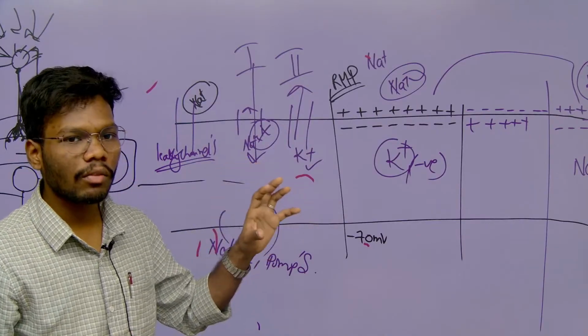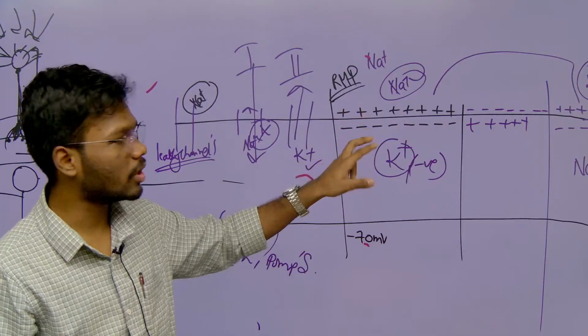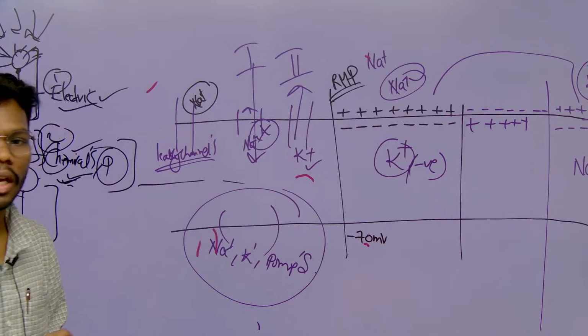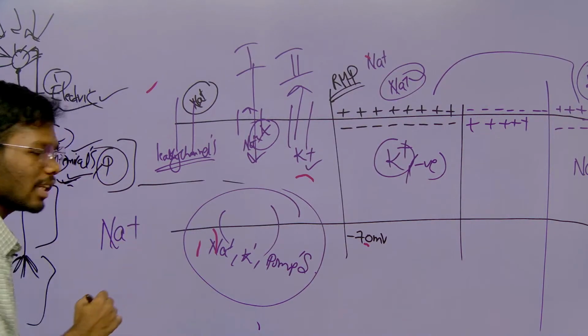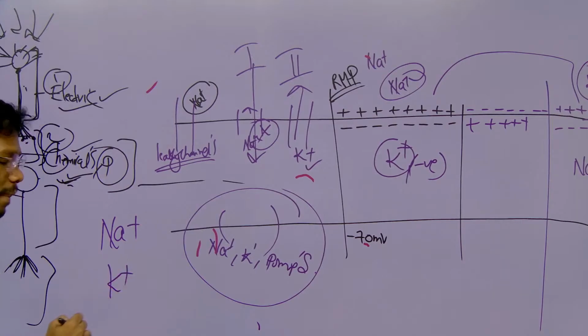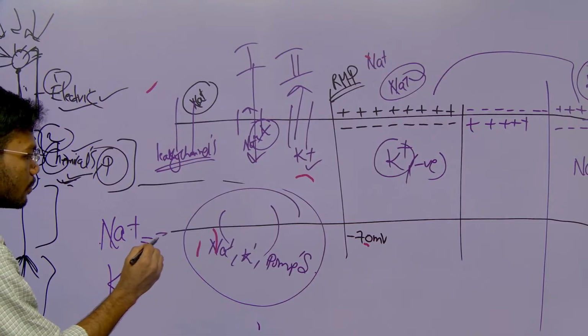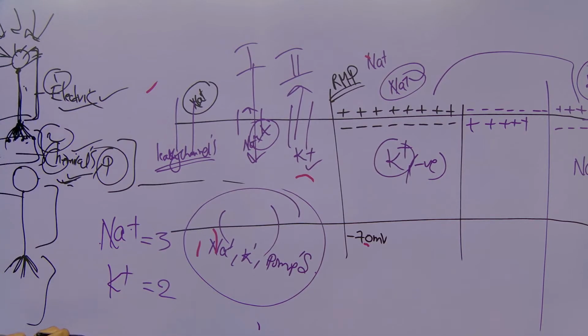For that we need to bring these ions back to the same position as before. For that we have sodium potassium pumps. Just remember: Na+ 1 2 3, K+ 1 2, which means for every 3 sodium ions there is a replacement of 2 potassium ions.